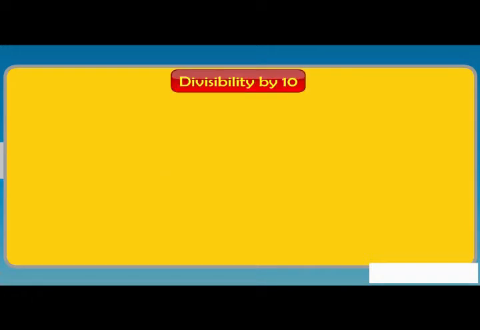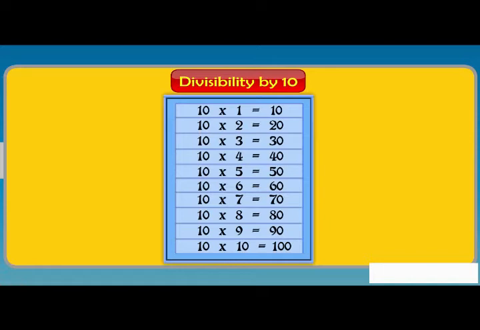Divisibility by 10. Observe the table of 10 or multiples of 10. The multiples are 10, 20, 30, 40, 50, 60, 70, 80, 90, 100. There is something common in these numbers. Can you tell what?